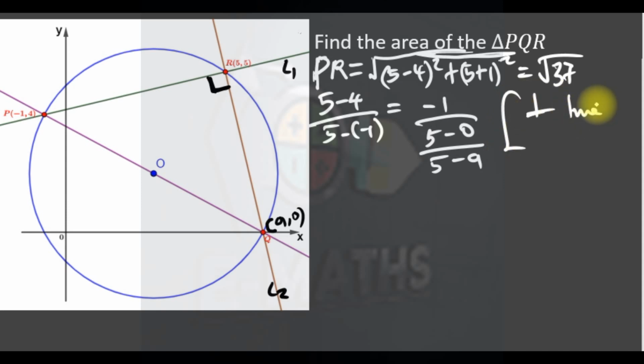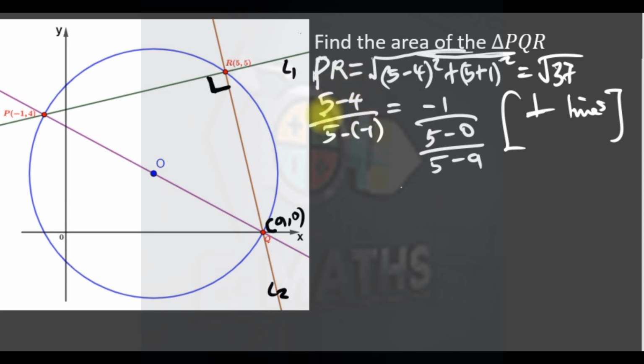For perpendicular lines, the slope of one is the negative reciprocal of the slope of the second one. That's to say, the slope of L1 is the same as minus 1 over the slope of L2. That's what I did here.